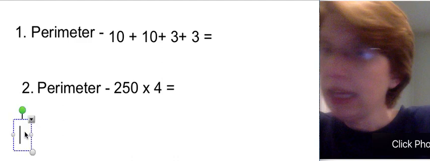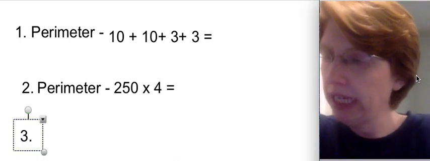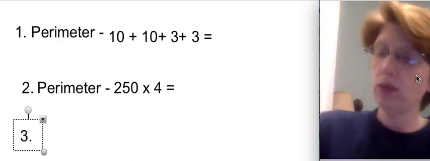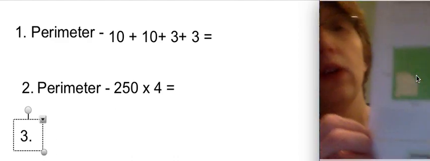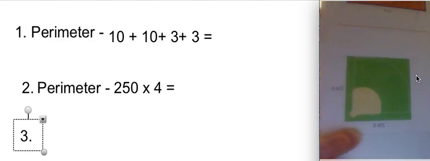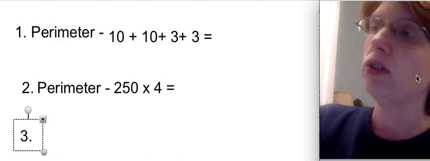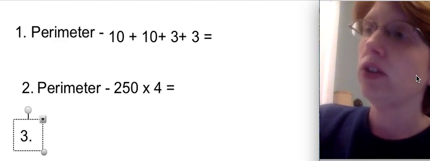Now, number 3 says the distance between bases on the softball field is 65 feet. How far will Alyssa run if she hits a home run and runs around all the bases? Okay, so we have this picture here of the bases, and between each one, there's 65 feet. So she's going to run from home to first, first to second, second to third, third to fourth.